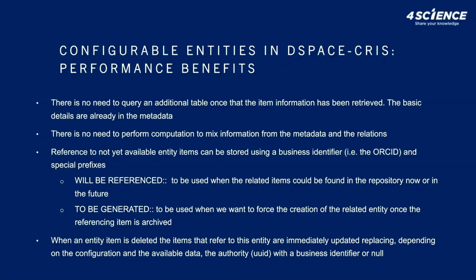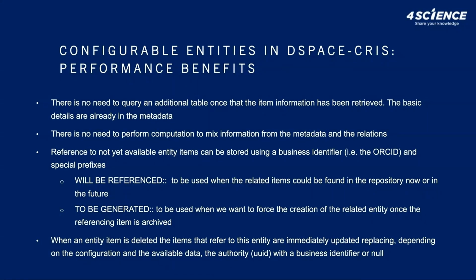What are the great benefits that this approach provides compared to the normal approach of plain DSpace? In a plain DSpace, the relation information is stored in a separate table from the metadata table.